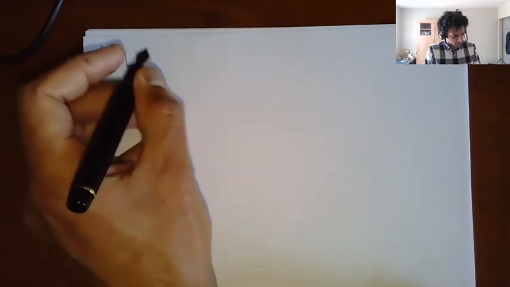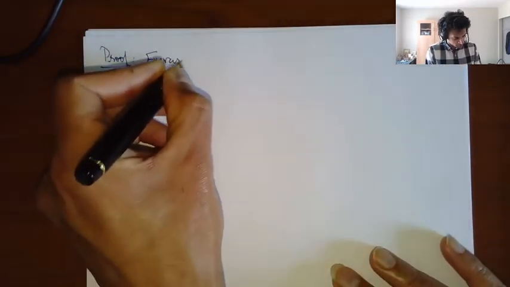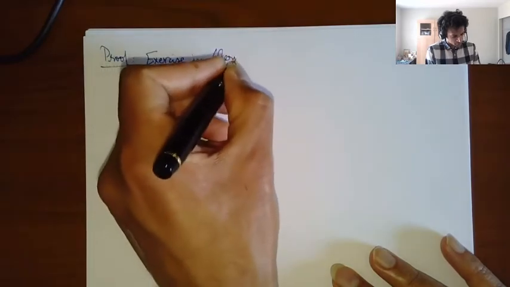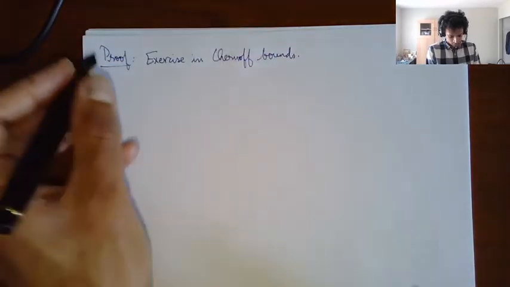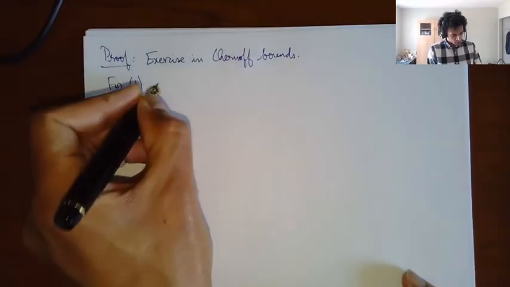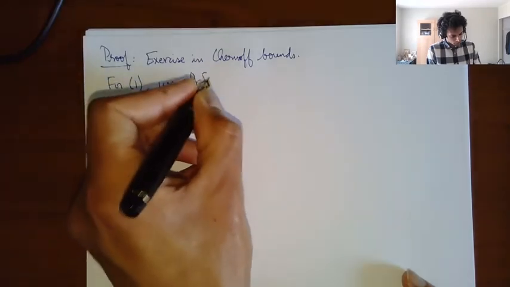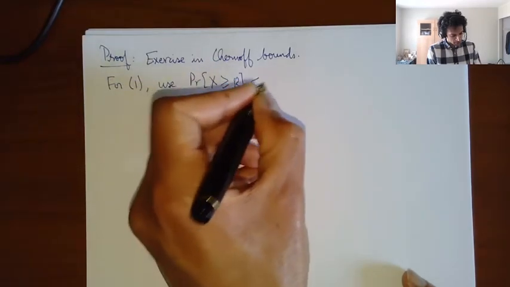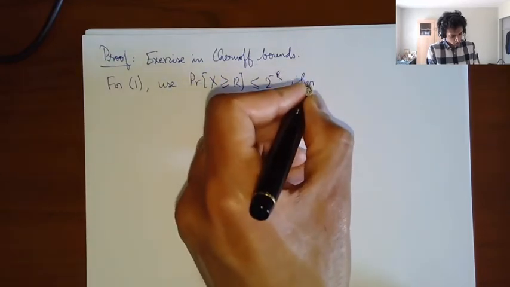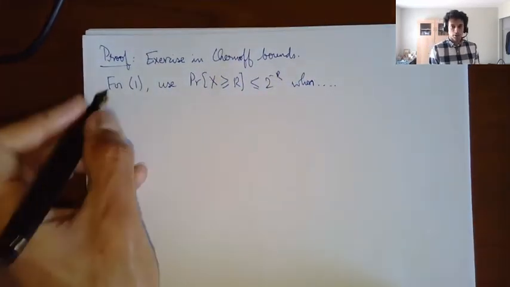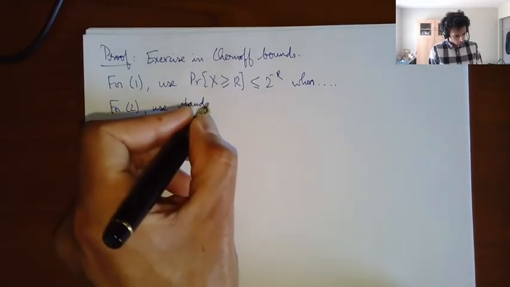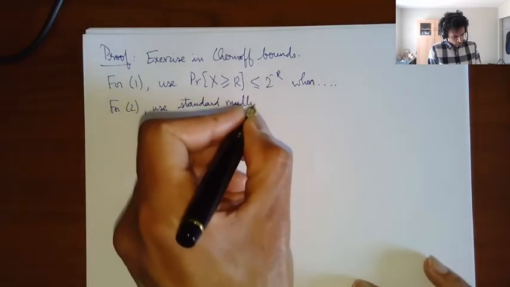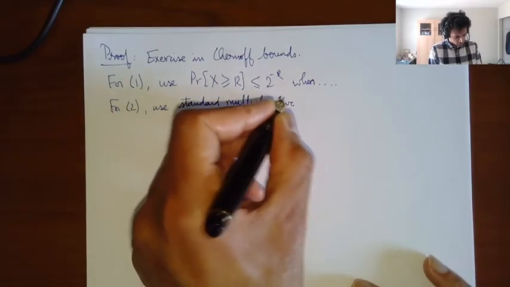Okay. So the proof is an exercise in Chernoff bounds. For 1, use the bound. You remember there was this bound that said the probability that X is greater than r is at most 2 to the minus r when something something something. Use that bound. For 2, use the standard multiplicative Chernoff bounds.